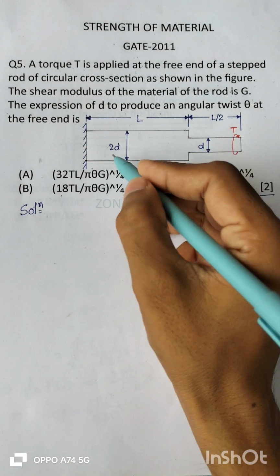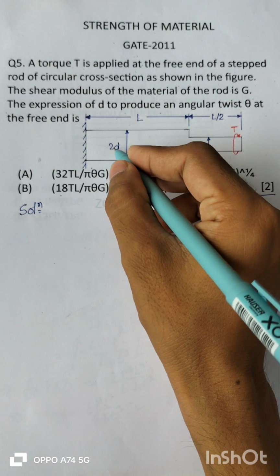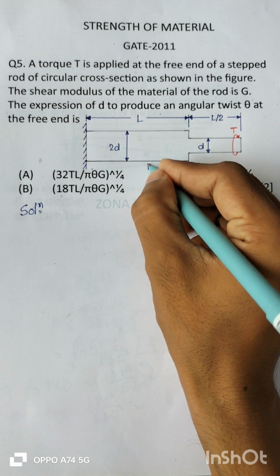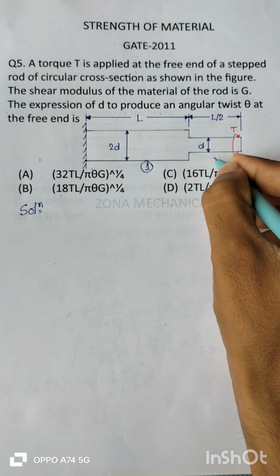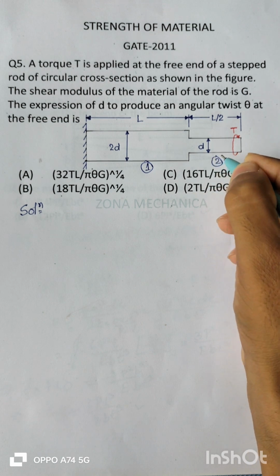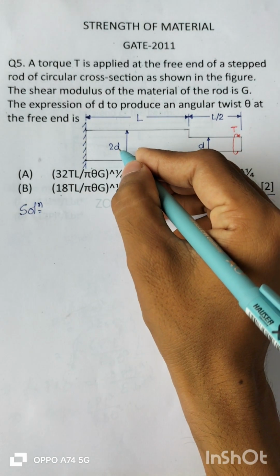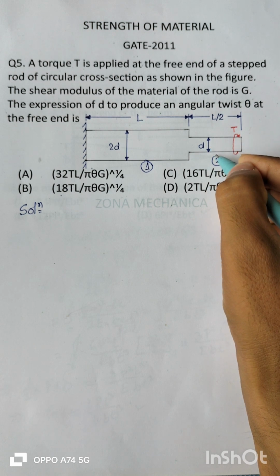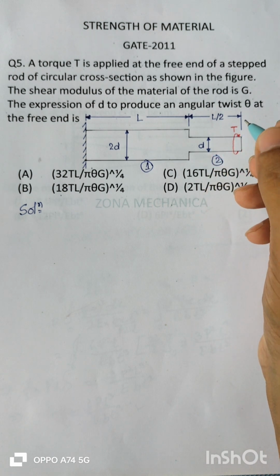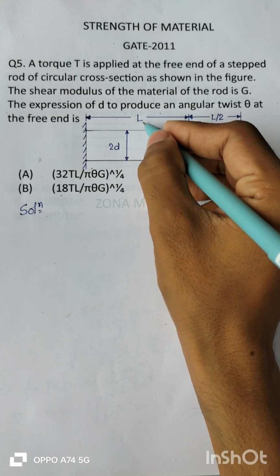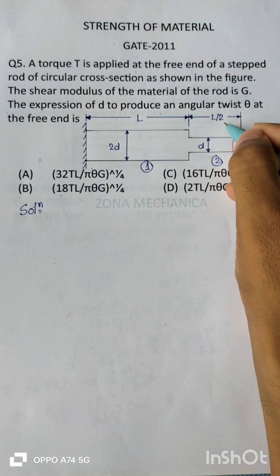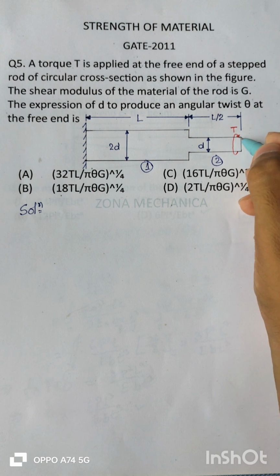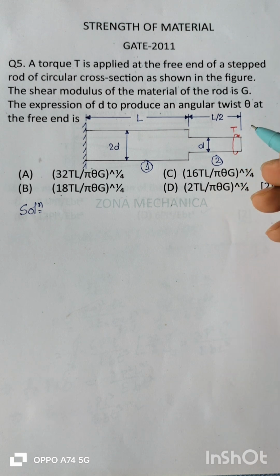Well, this is the stepped rod. Clearly there are 2 segments of the rod. This is the first segment and this is the second segment. The diameter of the first segment is 2d, while that of segment 2 is d, and the length of the first segment is L and that of segment 2 is L by 2, and a torque T is applied at the free end.